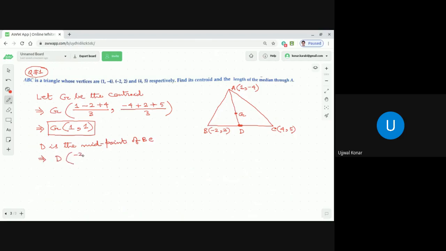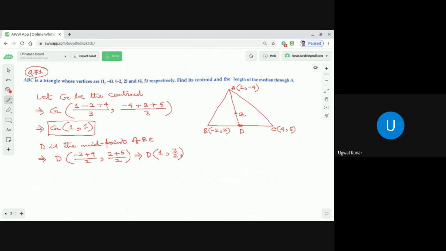That is minus 2 plus 4 by 2, comma 2 plus 5 by 2. This implies D's coordinate is minus 2 plus 4, that is 2, 2 by 2 is 1, comma 2 plus 5 by 2, that is 7 by 2.